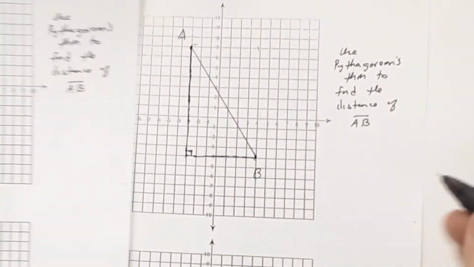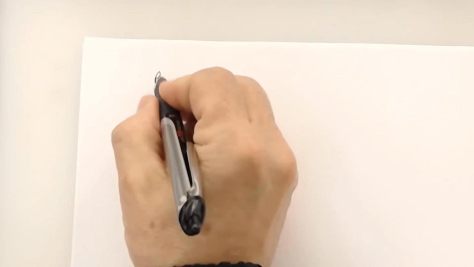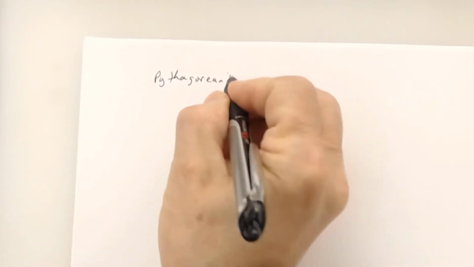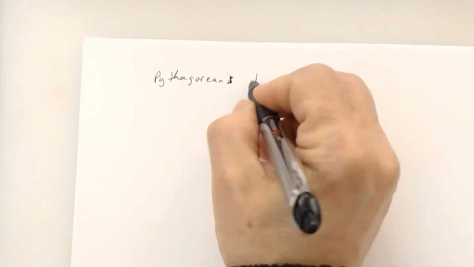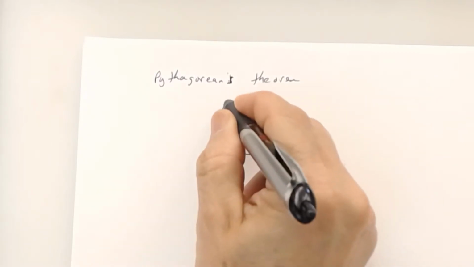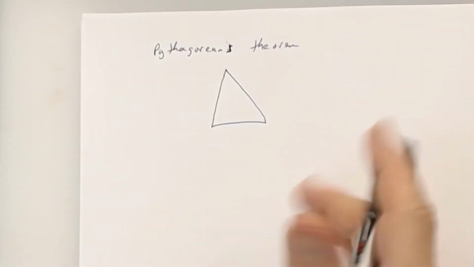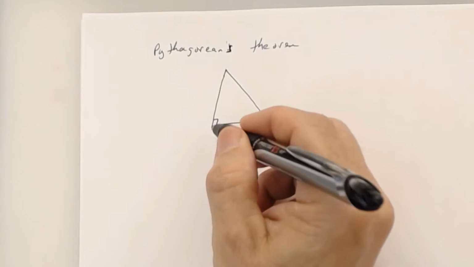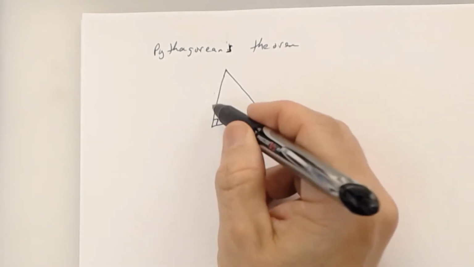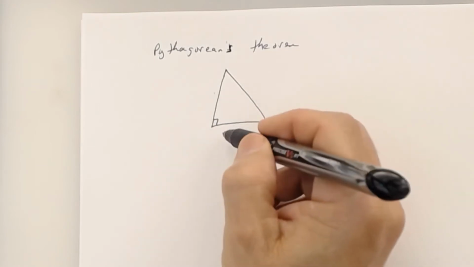Okay, now remember Pythagorean's theorem. Pythagorean's theorem said that in a right triangle, it doesn't look like a right angle, but that is. Remember, these two sides that I'm pointing to, those are called your, do you remember the word?